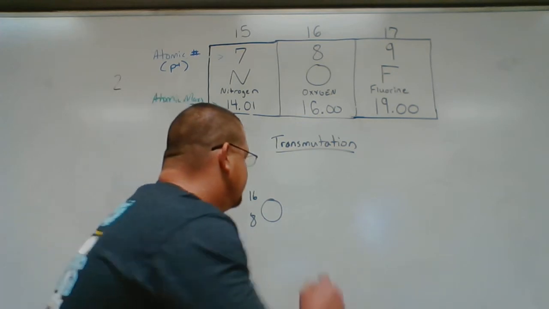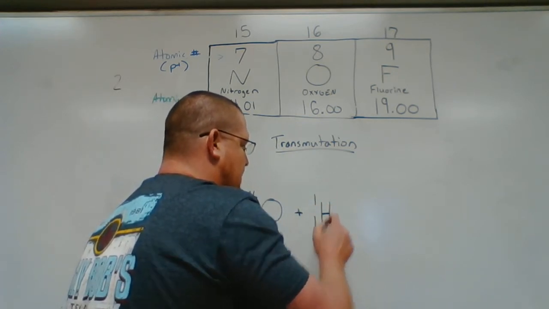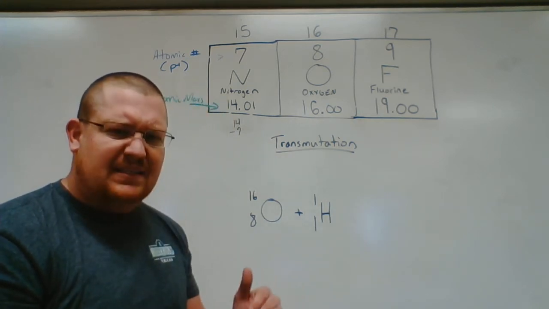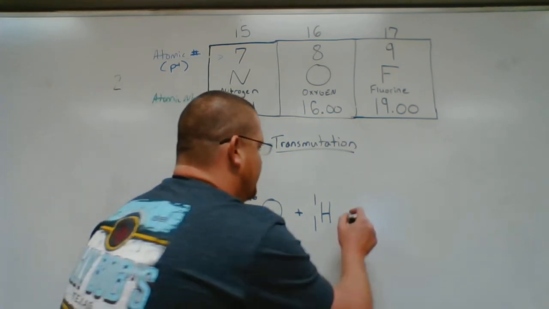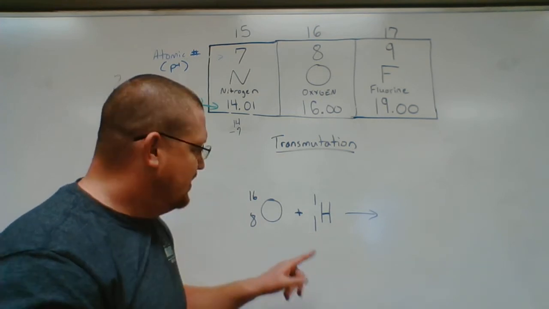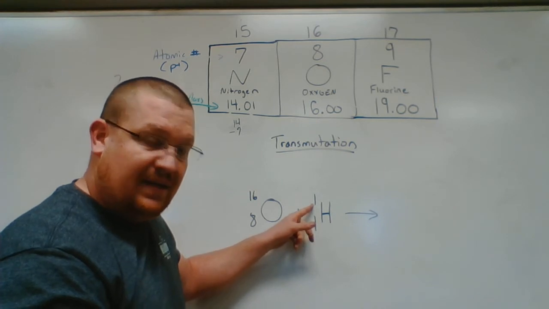And that oxygen slammed a hydrogen into it so fast that it just went right in that nucleus. All a hydrogen is, is a proton, right? It's got a mass of 1 with 1 proton. So there's 1 total thing in the nucleus, and that 1 thing is a proton.